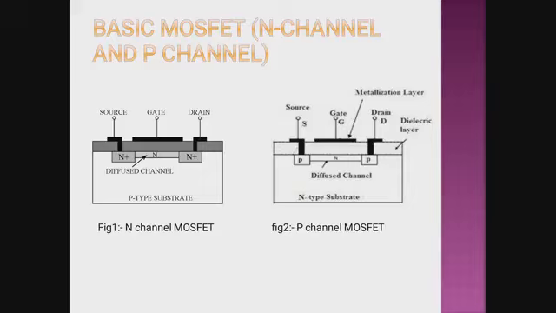Now the second terminal is the drain terminal in both cases. The terminal through which the majority carriers leave the channel is called the drain terminal. This is the channel, which is basically constructed in between two semiconductor beds. In this figure I have chosen N type bed, and in the second figure I have chosen P type bed.